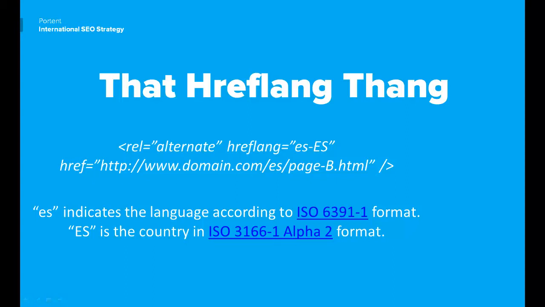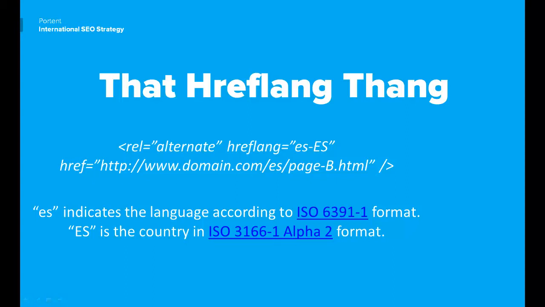Here's an example of what hreflang as a page tag looks like. You've got a link element where you've got rel equals alternate, hreflang equals es-ES, and then you have the link. What this does is it tells search engines, specifically Google and Yandex, what language and country the page in the link element targets.